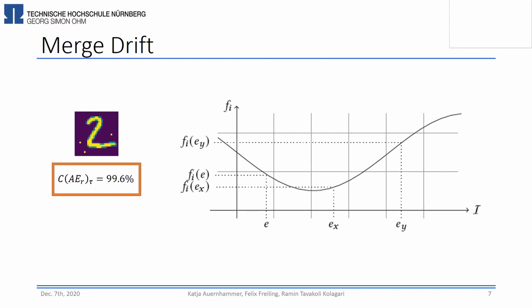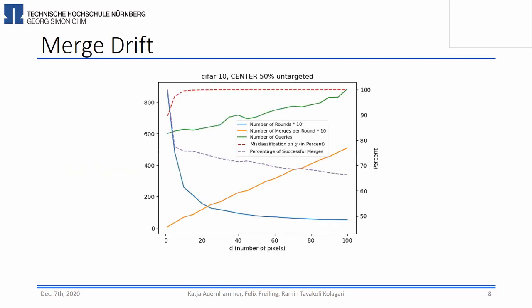And this will result in a lot of images or perturbations being merged into the temporary adversary example that do not contribute in the way the adversary would like, but in the opposite direction, such that they increase the probability. So it is important to optimize the merge drift.